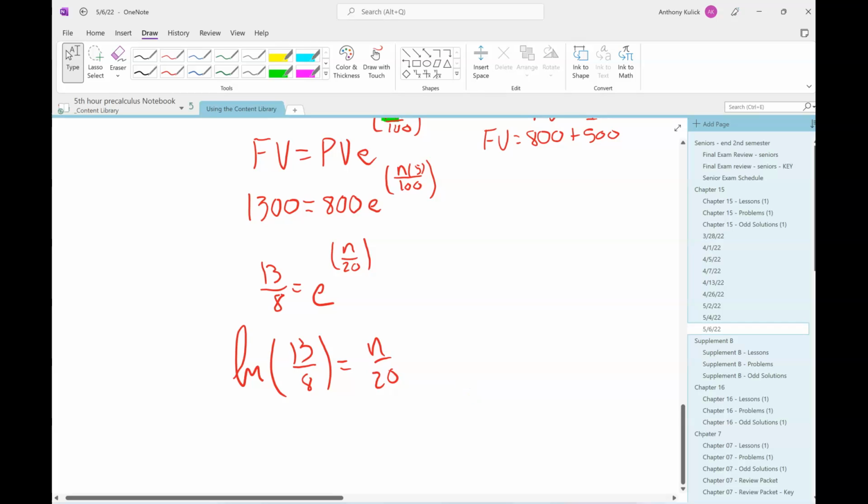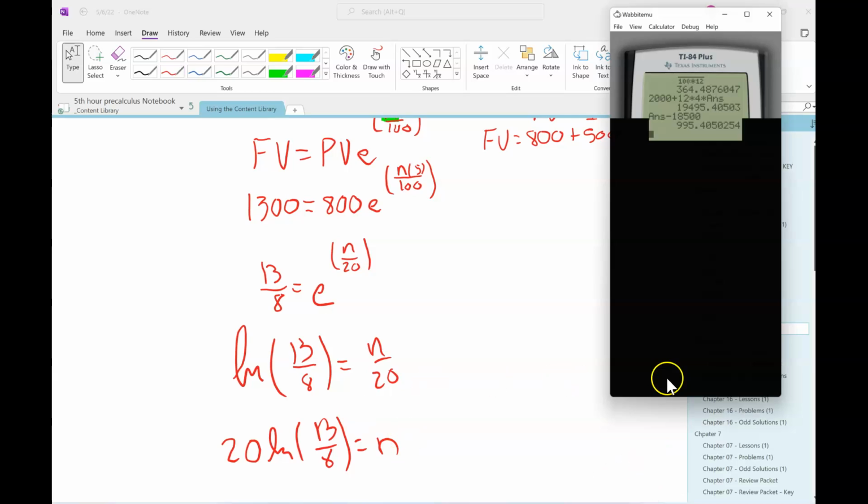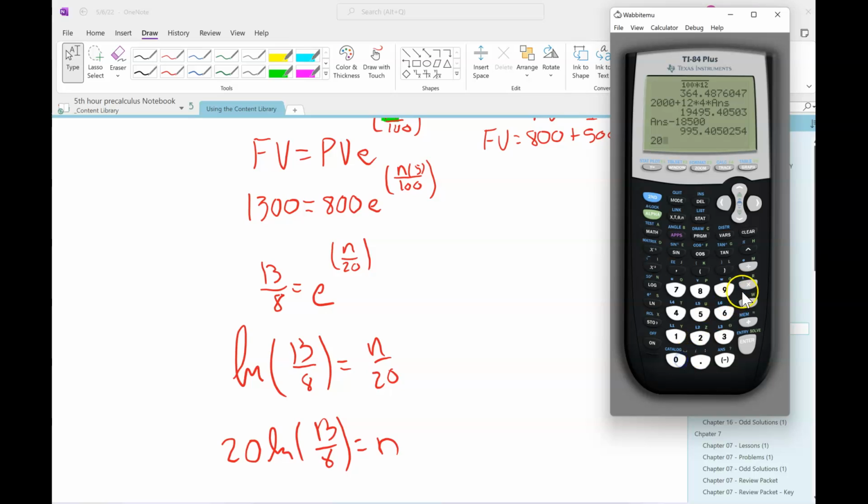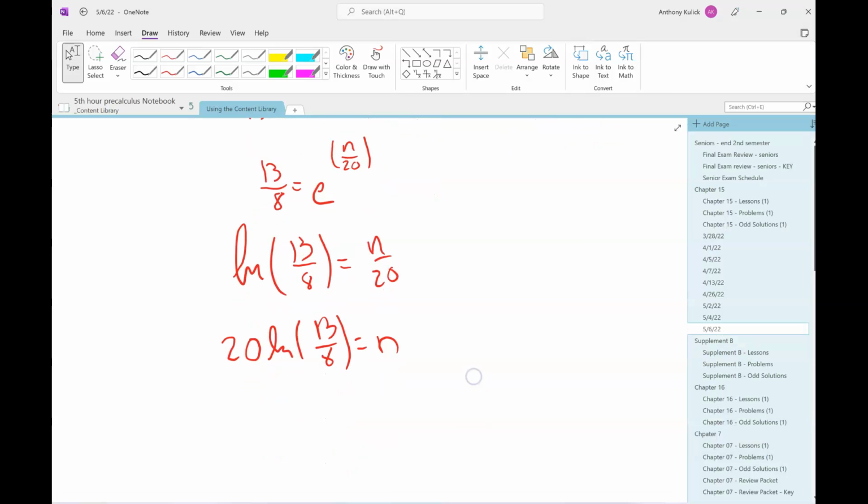And the last step would be to multiply each side by 20. Yes, sir. And now it's calculator time. So I get about 9.71 years.